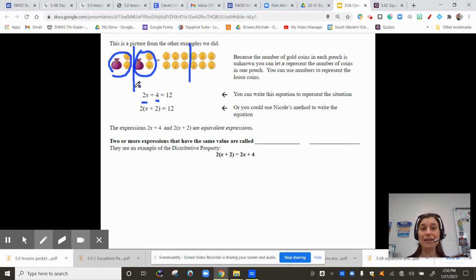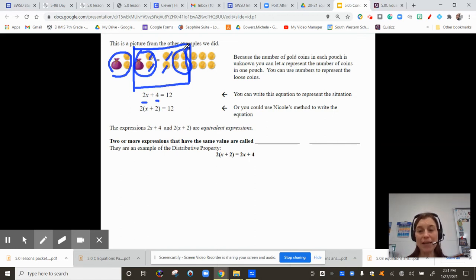And then I can say, well, let me just look at this one here. So now I have a bag and two coins. I could take away two coins from both sides. So I have one bag left over on the left and 4 coins on the right. So there must be 4 coins in each bag. So that's a different way that you could have solved that one.